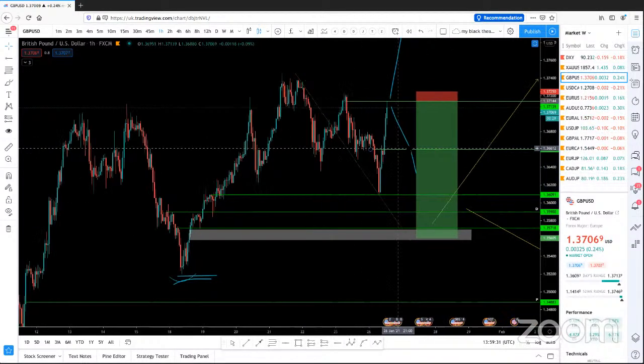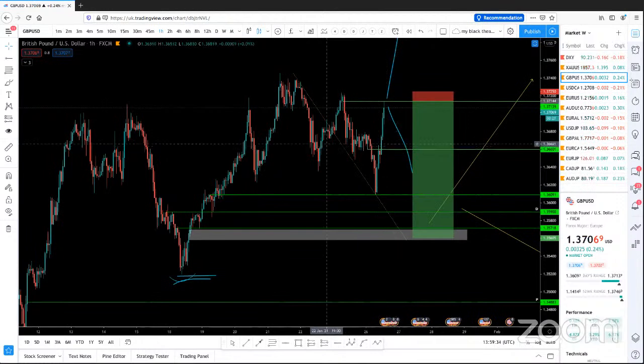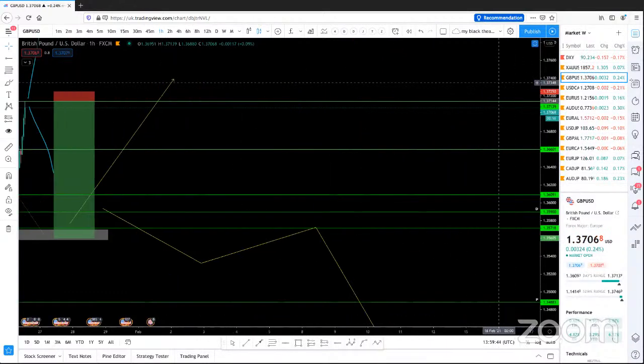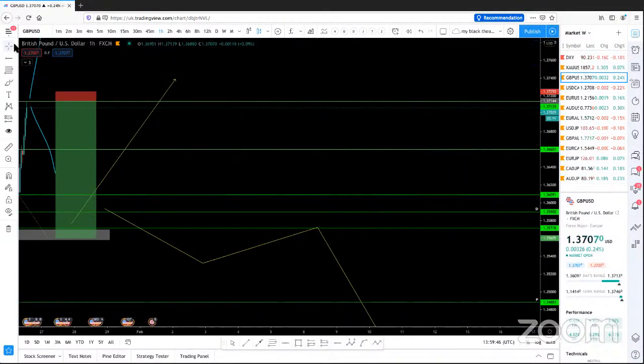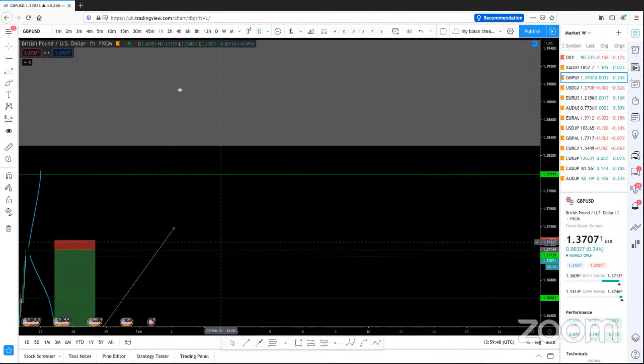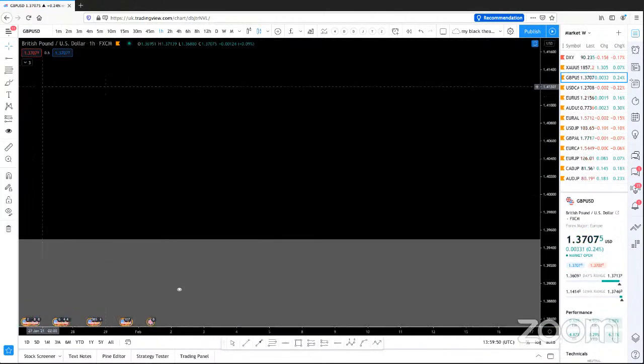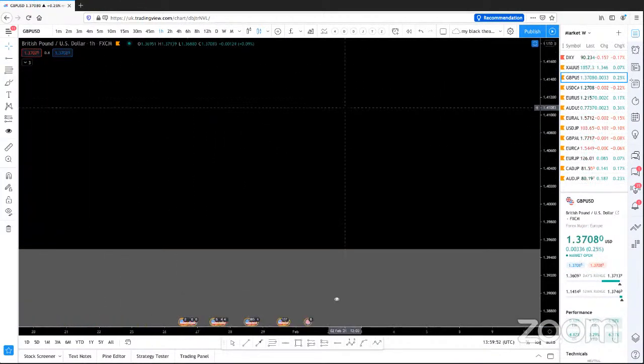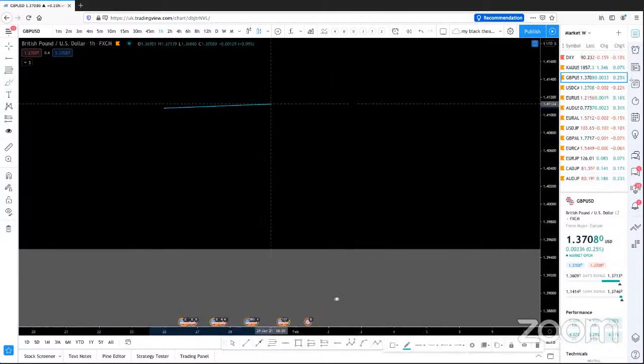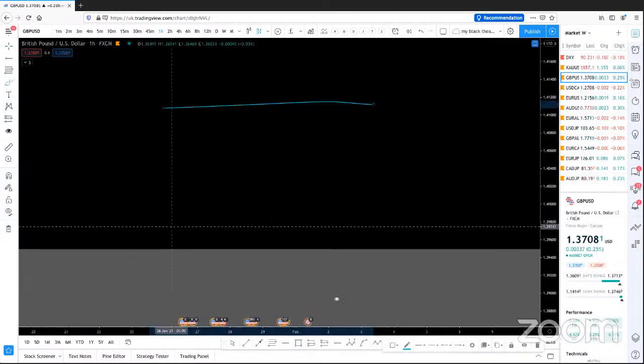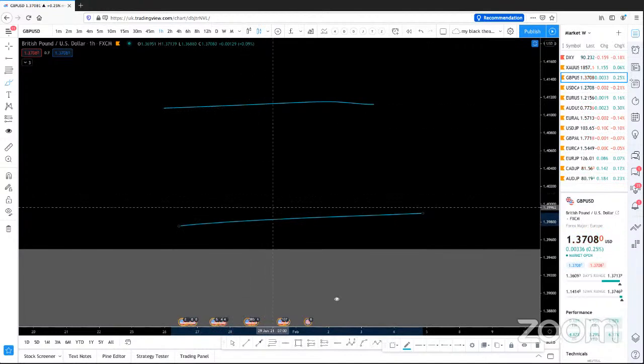This is how we trade, guys, because we know exactly the price where it will come and give us reactions. We trade by knowing the direction and targets. We don't trade like, for example, let me show you something. Let's say that we have a resistance here, support here.